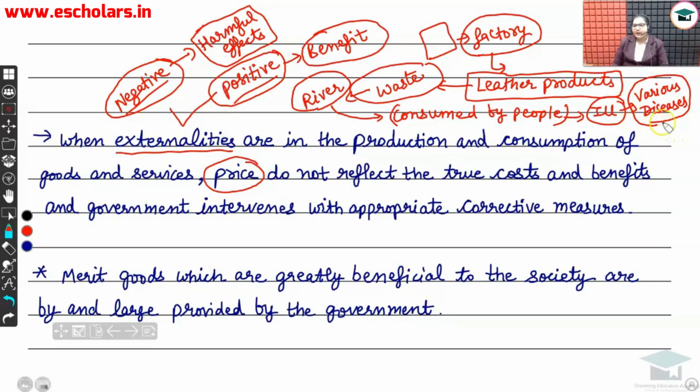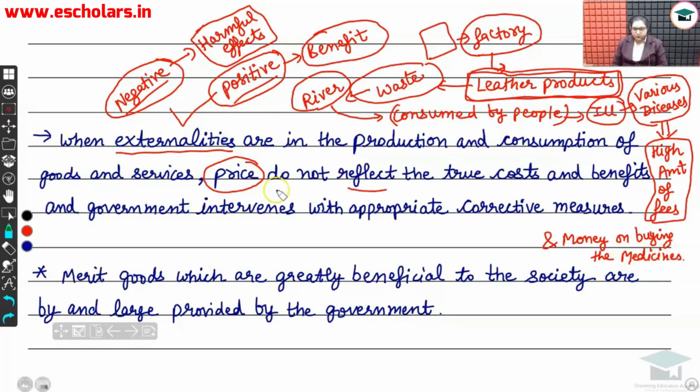Okay, and they are spending a lot of money to recover from these diseases. They are giving a high amount of fees to the doctor, and spending a lot of money on buying medicines.